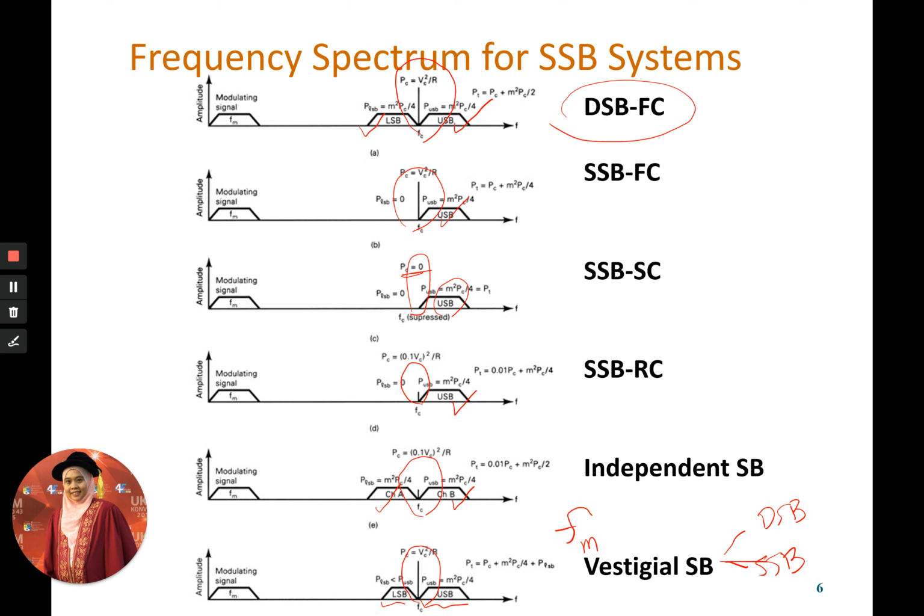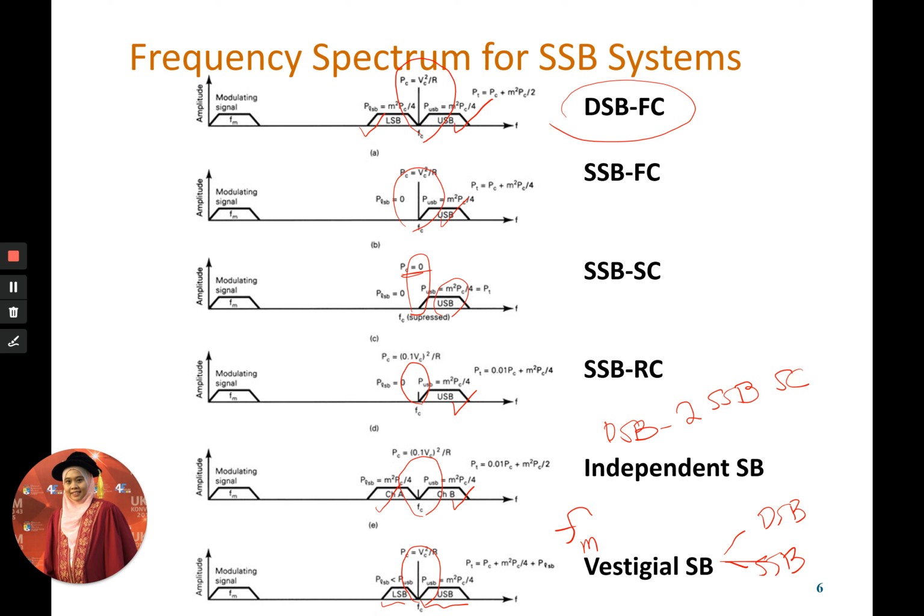Okay, I forgot to tell, the independent sideband over here can basically be like a double sideband, but with two SSB SC.